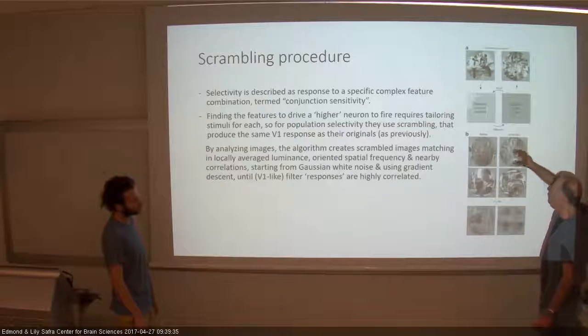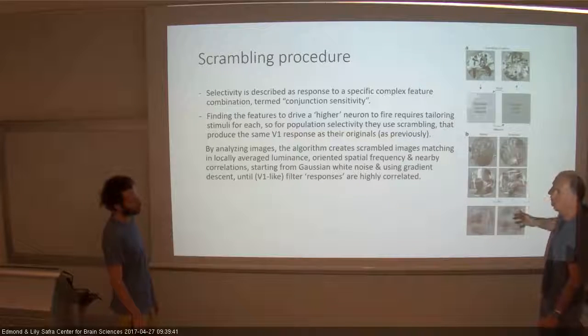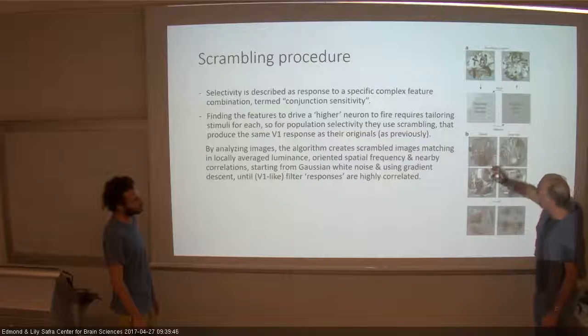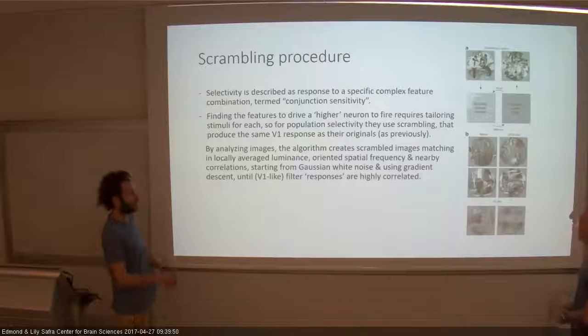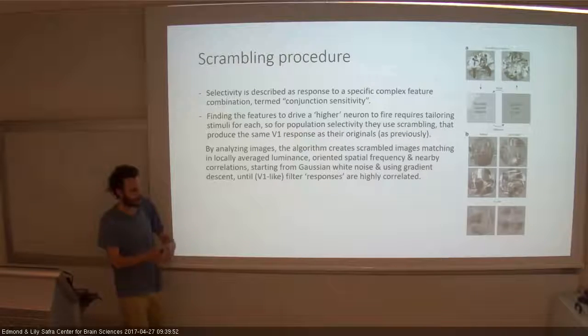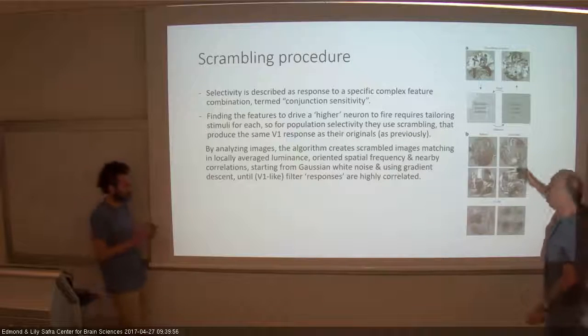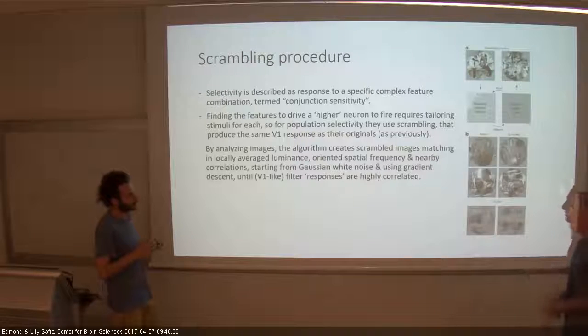So that's why at the V1 level you can easily differentiate between these images, right? And it's also true for the natural images, because locally they're very different. As you're moving, there's not an object that you can identify. Yeah, nothing to do with objects. But the task is to differentiate between the different scrambled images, right? Okay.